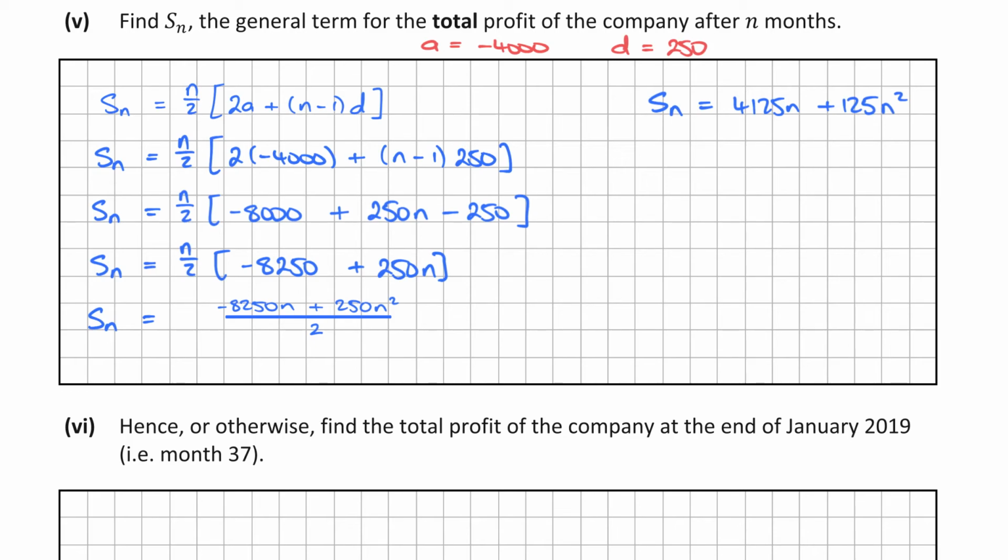And typically what we do is we put the n squared first for quadratics. So what we will be writing there is that S of n is equal to 125n squared plus 4,125n. And that there was worth 10 marks.